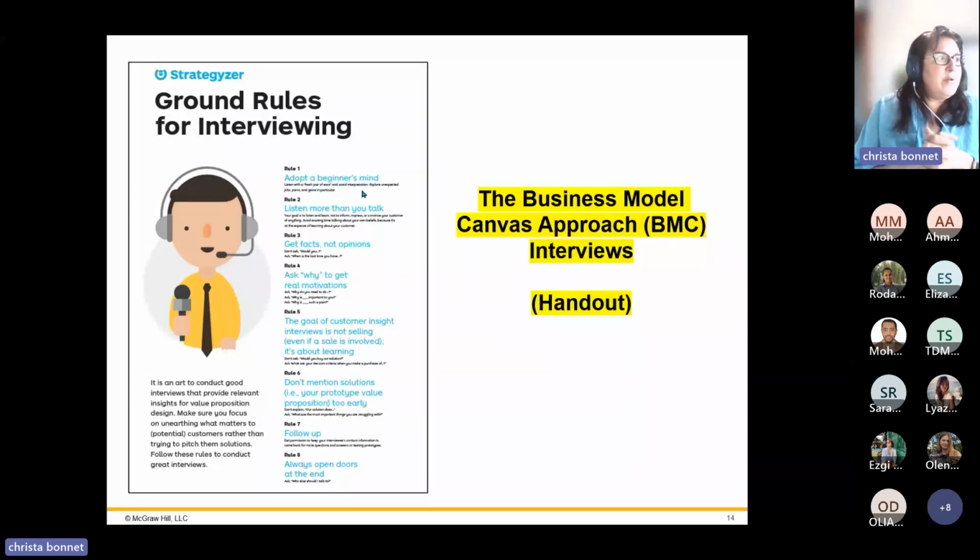Then the fourth rule is: ask the question why. In coaching, they forbid us to ask the question why. But what they try to say here through the business model canvas is you need to drill down until you have a true understanding of what the real issue is.